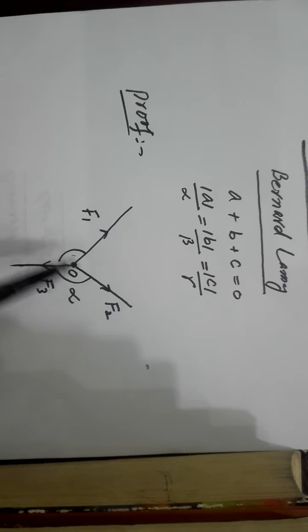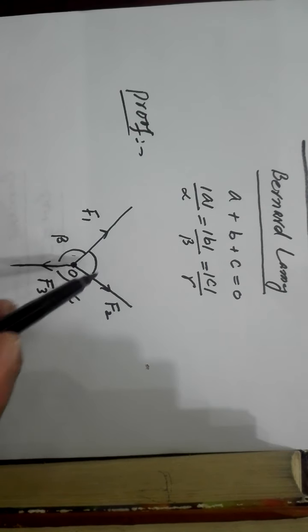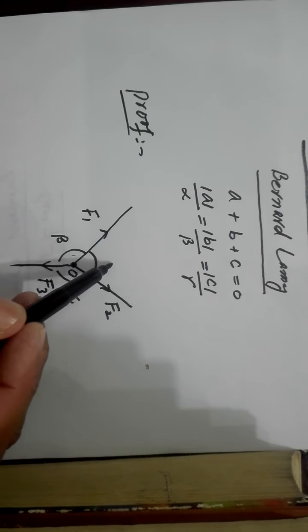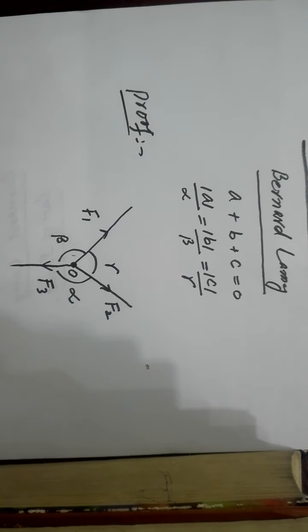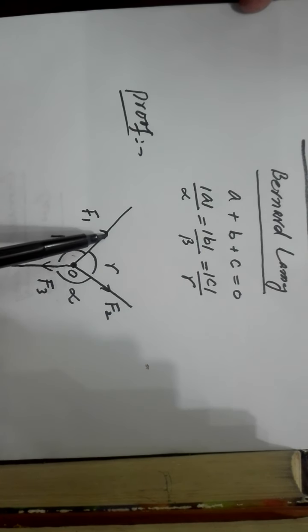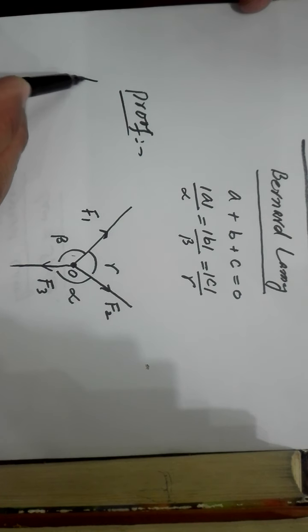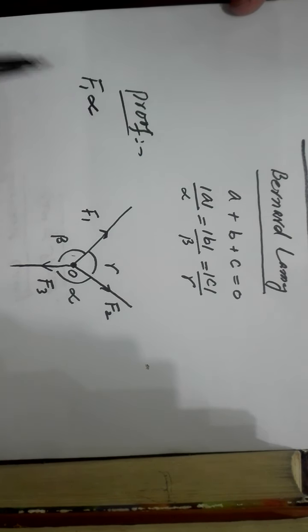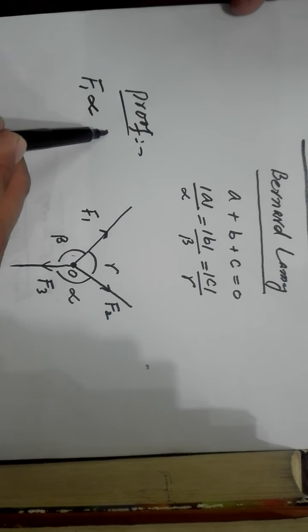Angle between F1 and F3 is beta, and if the angle between F1 and F2 is gamma, then according to Lami's theorem, if we take the first force, suppose F1, that will be directly proportional to the sine of the angle between the other two forces.